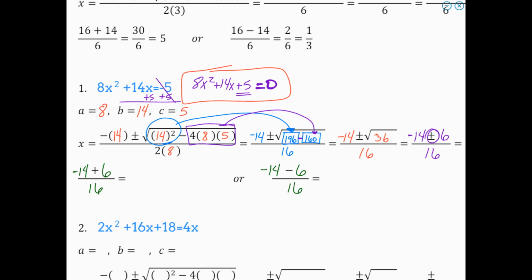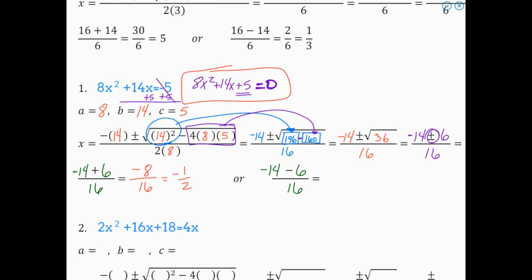So negative 14 plus 6 is what? Negative 8 over 16. What does that reduce to? 1 over 2. Negative 1 over 2.